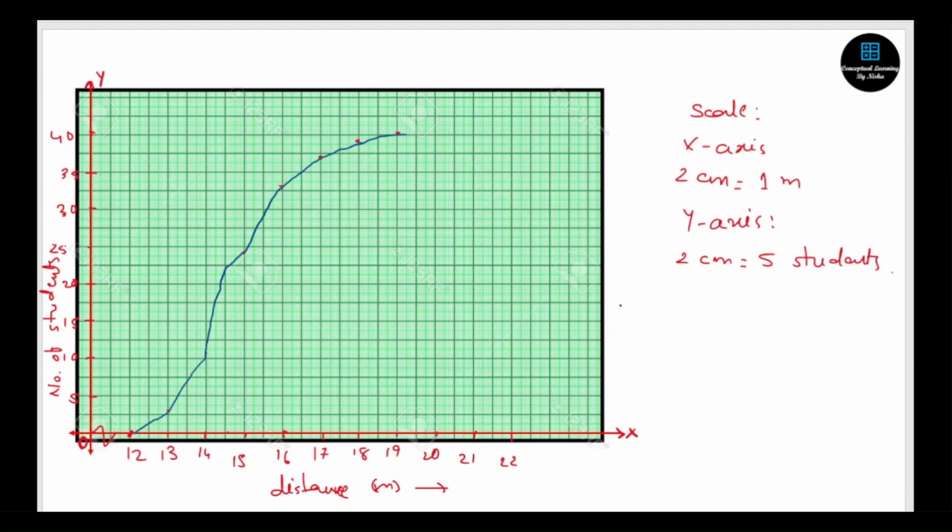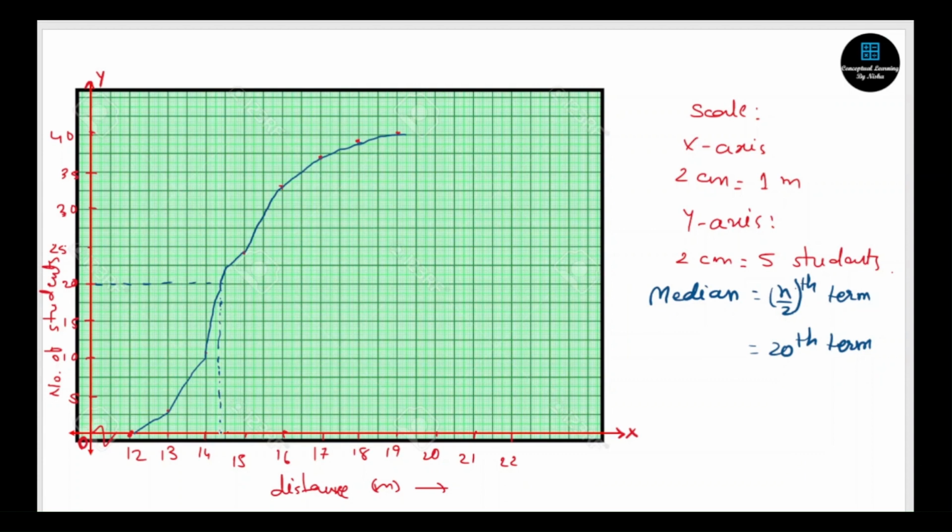Now to find the median. Median is nothing but the n upon 2th observation, or term. We have a total of 40, which is the 20th term. Now when we go to the corresponding values over here, you have to use the scale, remember that.